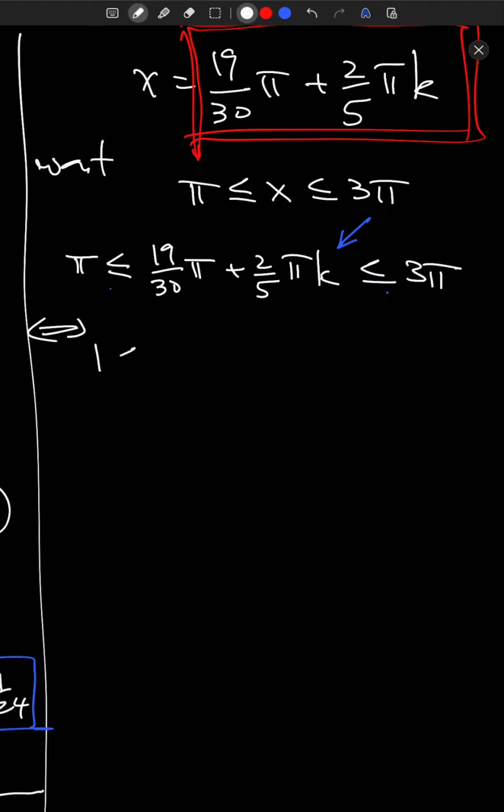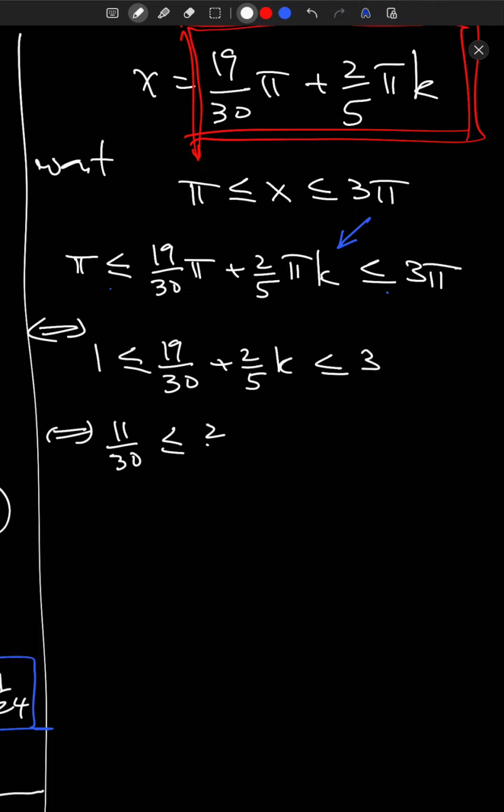So this is the same as 1 less than or equal to. Again, we can cancel out the pi's from all of them. Makes our lives a little easier. And then we can subtract 19 over 30 from all 3 sides. So here, 1 minus 19 over 30 is going to be 11 over 30. 2/5 k less than or equal to 3 minus 19 over 30.